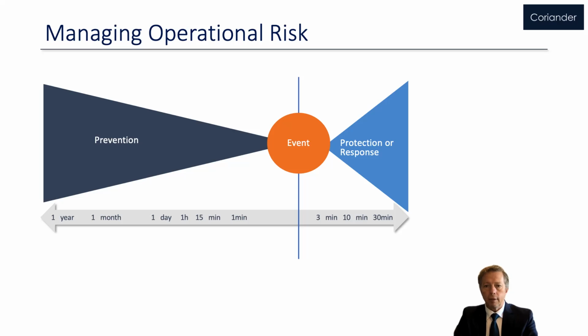On the right-hand side, we've got the response once that adverse event has occurred. So this is where we see the fire detection and deluge systems coming into play, for example.